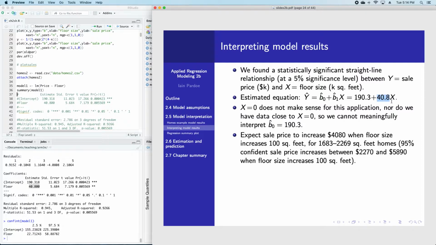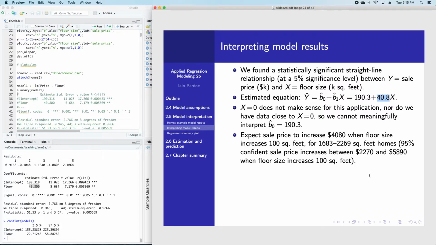So when floor size increases by 1,000 square feet, sale price would be expected to increase by $40.8 thousand or $40,800. It's a little more meaningful to divide both those two numbers by 10 so that we get something that's more meaningful in this context, and so we can say that we would expect sale price to increase by $4,080 when floor size increases by 100 square feet.